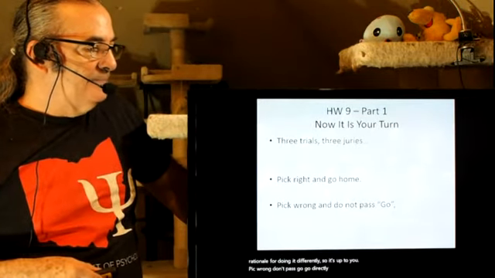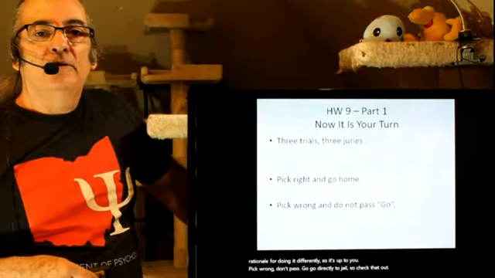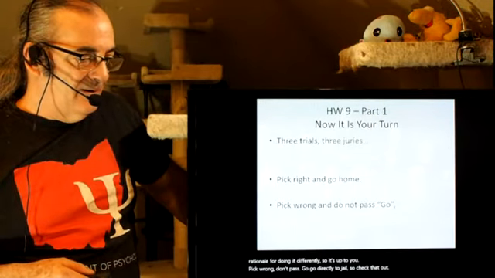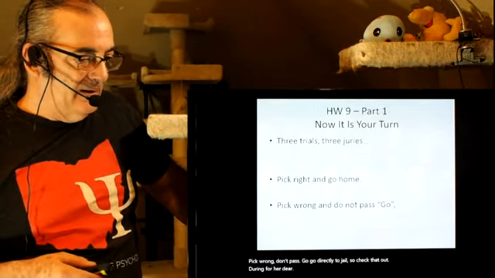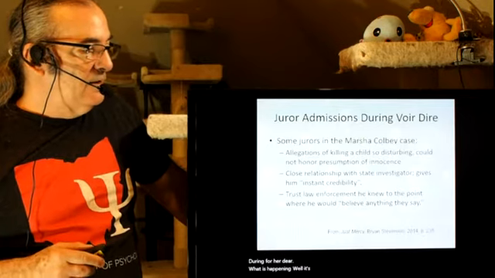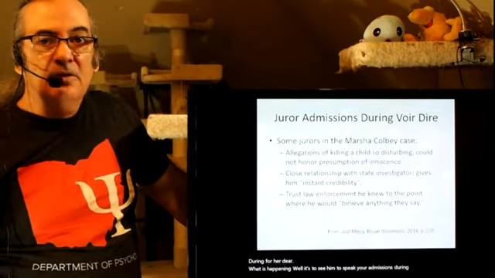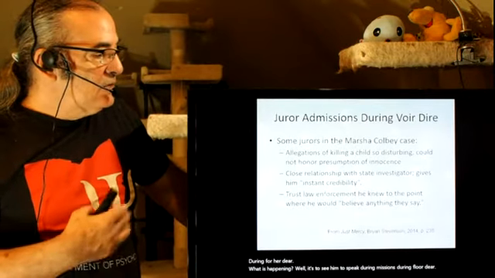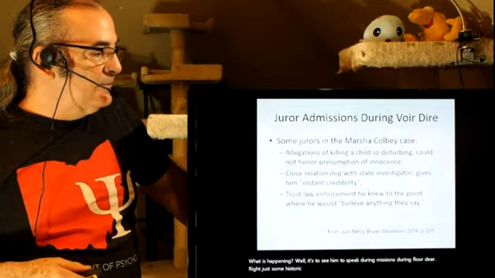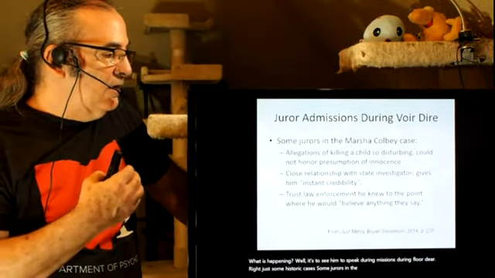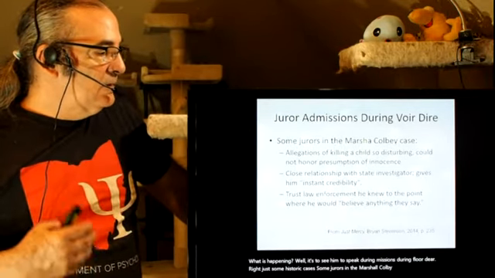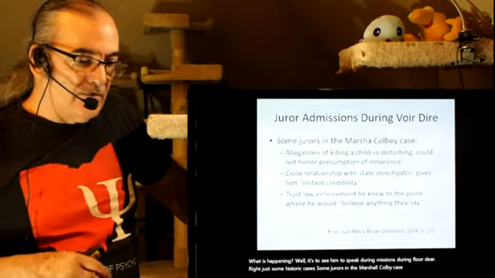So check that out. Now, during voir dire, what is happening? Well, it's to see and to speak. Juror admissions during voir dire, just some historic cases. Some jurors in the Marsha Colby case, allegations of a child killing so disturbing they couldn't honor the presumption of innocence.